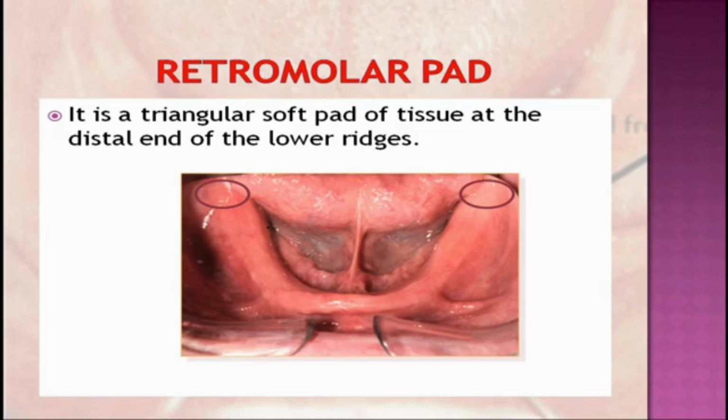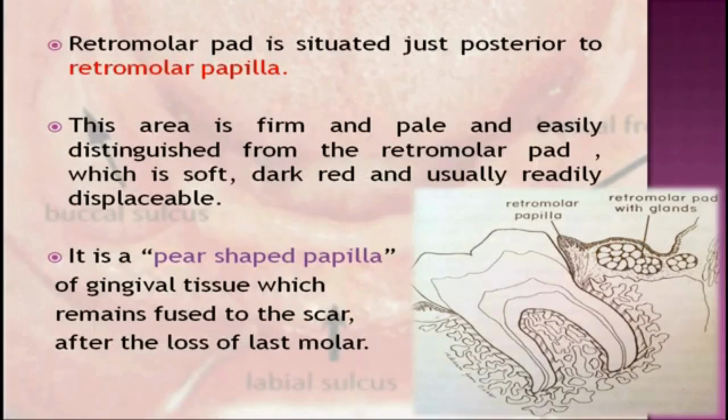The retromolar pad is situated just posterior to the retromolar papilla. It is a pear-shaped papilla of gingival tissue which remains fused to the scar after the loss of the last molar. This area is firm and pale and easily distinguished from the retromolar pad, which is soft, dark red and usually readily displaceable.